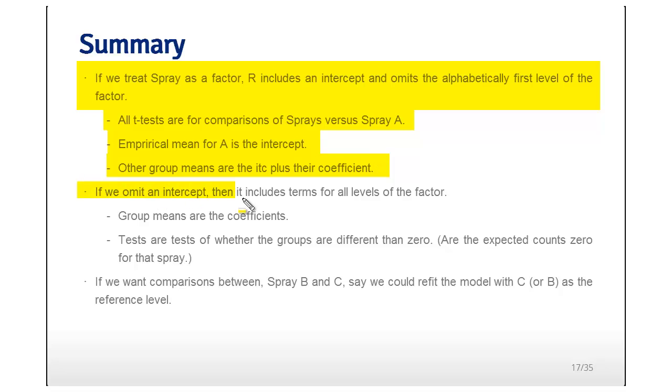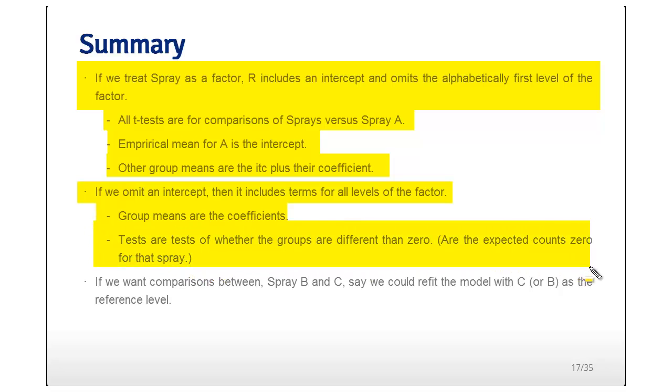If we omit an intercept, then it includes all terms for all levels of the factor, and then the group means are the coefficients. And the t-tests are no longer for comparisons between the groups. They're tests for whether or not the groups are different from 0.